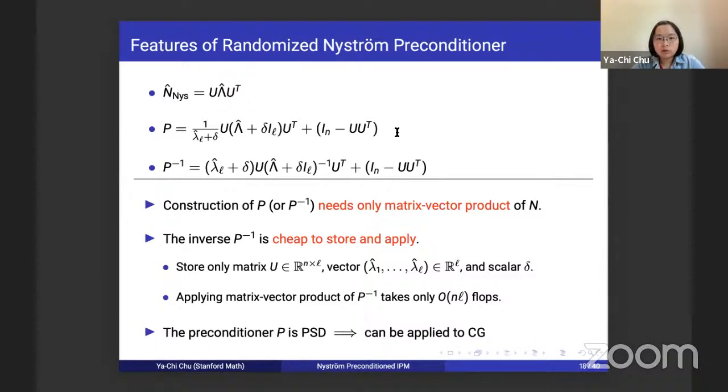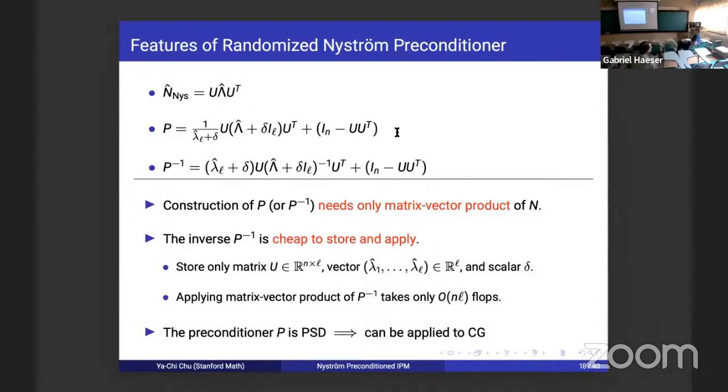Actually, just say something here. Even for constructing the Nystrom preconditioner, even though you have to find the spectrum and all that, you can do that by Lanczos. So it's also matrix-free. You just apply the matrix to the vector. It's just matrix to vector multiplication.